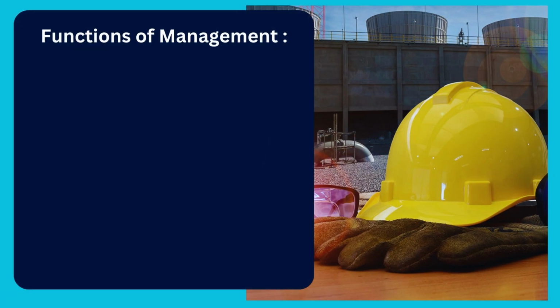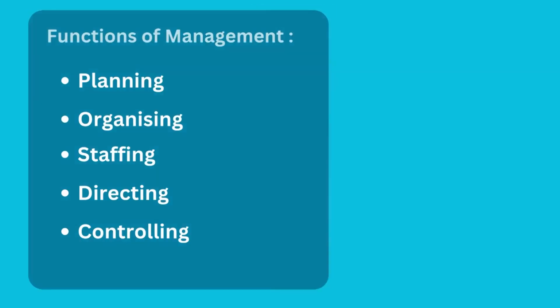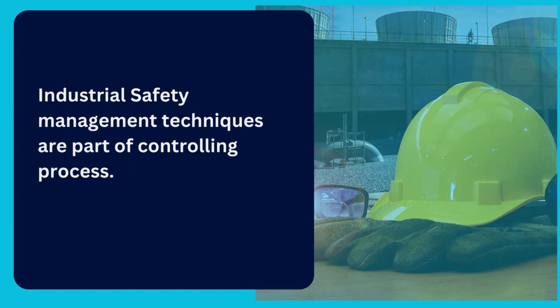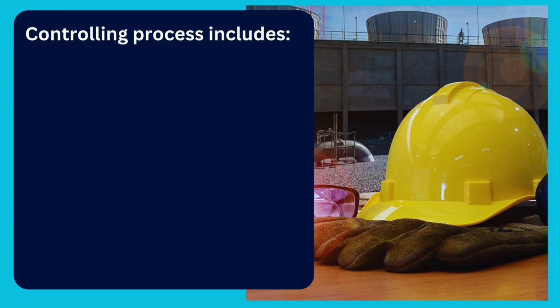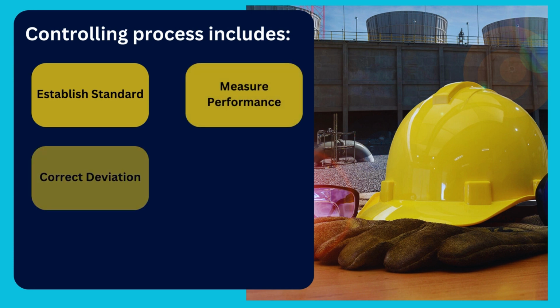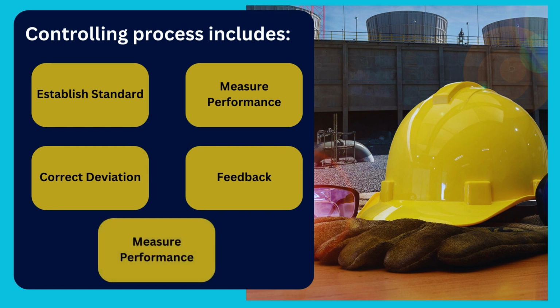Industrial safety management techniques is the function of management. The functions of management are planning, organizing, staffing, directing and controlling. The industrial safety management techniques are part of the controlling process. The controlling process includes establishing standards, measuring performance, correcting deviation, feedback and again measuring performance.